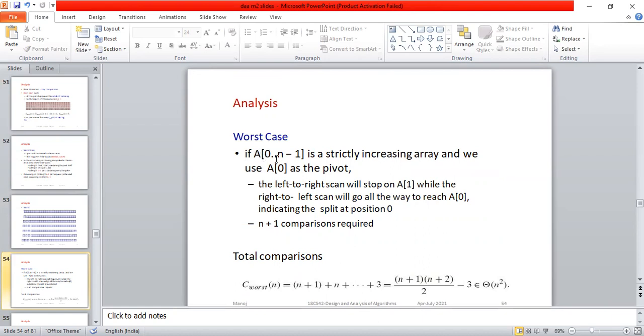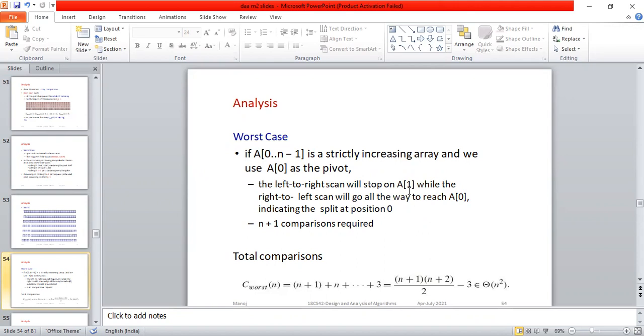If A, ranging from 0 to n minus 1, is an increasing array, and we use A of 0 as the pivot element, the left to right scan will stop at A of 1, while the right to left scan will go all the way to reach A of 0. So the left to right scan will stop at the second element. The first element is A of 0, the pivot element, and it will stop at A of 1 only.